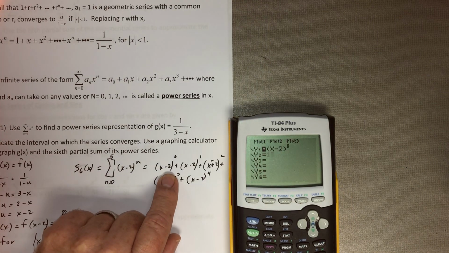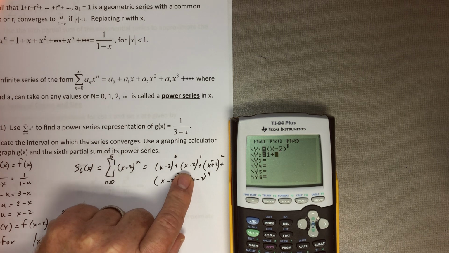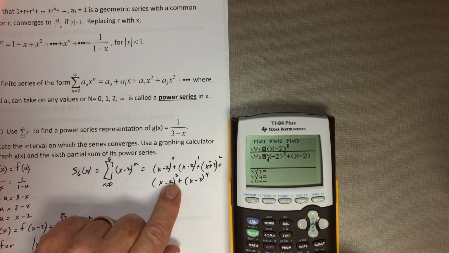That's 1, so that would be 1 plus, in parentheses, x minus 2, plus, in parentheses, x minus 2 squared, plus, in parentheses, x minus 2 to the third power.